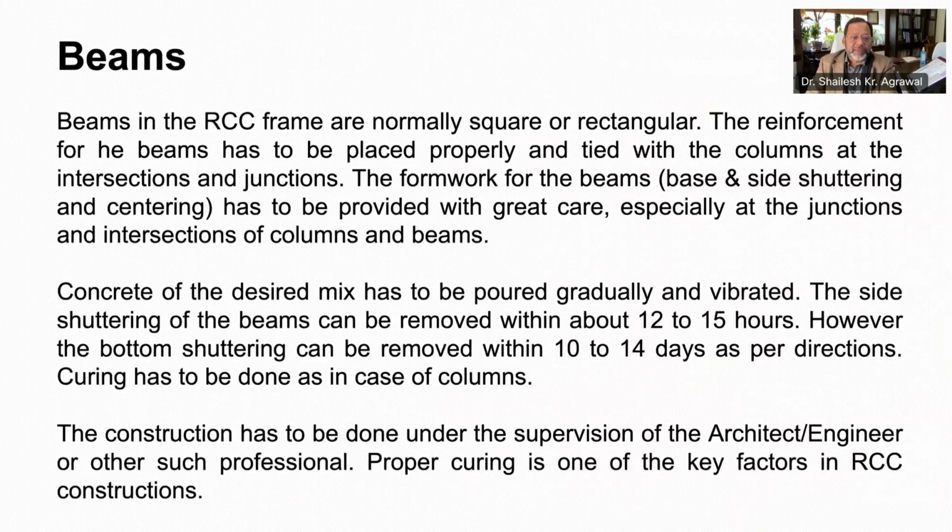Concrete of desired mix is then poured gradually and then vibrated. The side shuttering of beam can be removed within 12 to 15 hours of casting. However, the bottom shuttering can only be removed after 10 to 14 days as per professional advice. Here again, proper curing is required as in the case of columns.